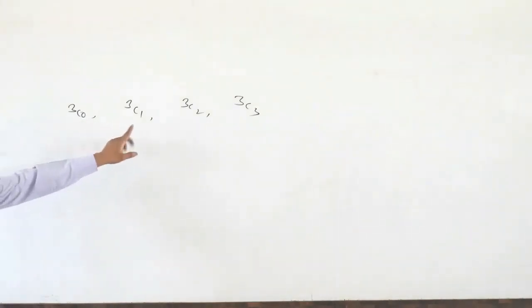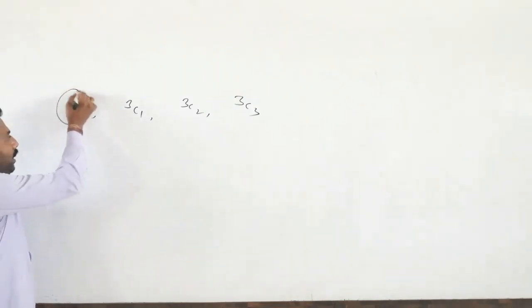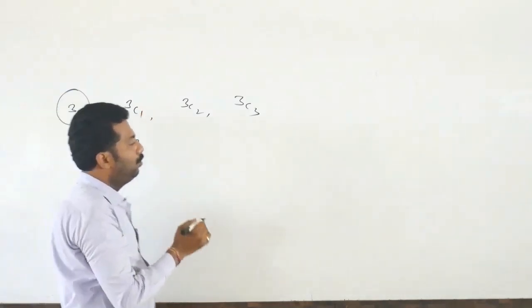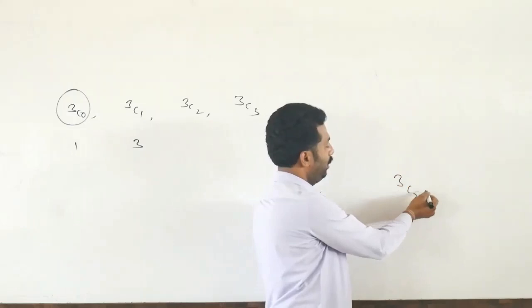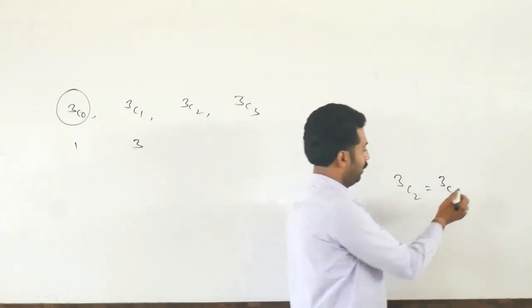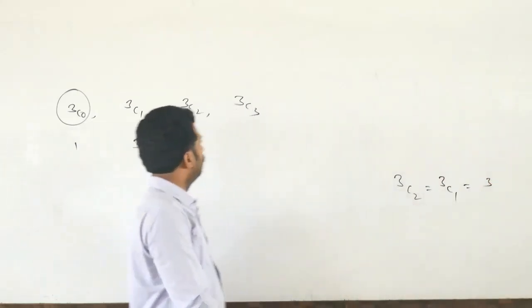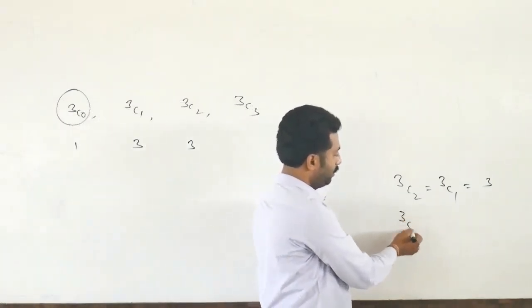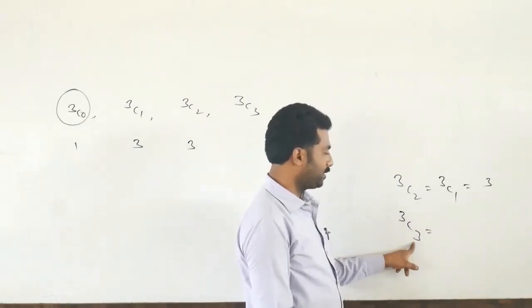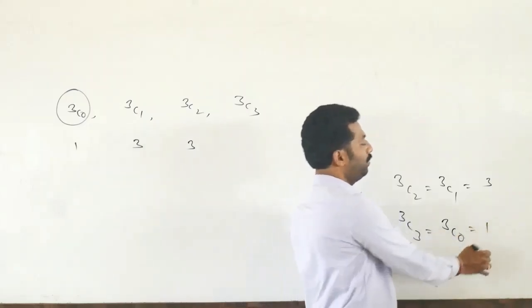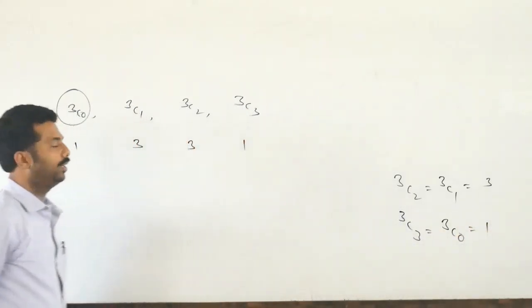Among these four values, which one is larger? 3C0 means 1. 3C1 means 3. 3C2: the difference is 1, nothing but 3C1, which is 3. 3C3: 3 minus 3 is 0, nothing but 3C0, whose value is 1.